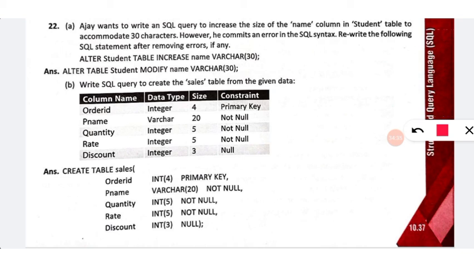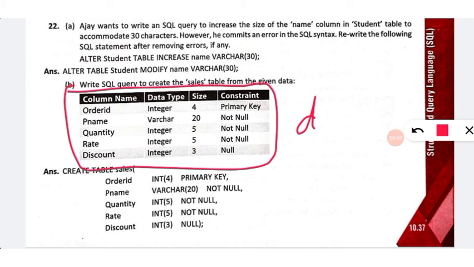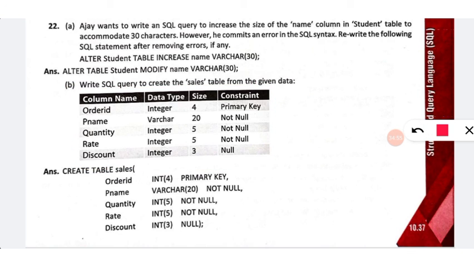Then write an SQL query to create the sales table from the given data. When we display the structure of a table using the DESC command, the output will look like this. To create a table, this structure will be given, so based on the structure you have to create the table. We have the create table command.